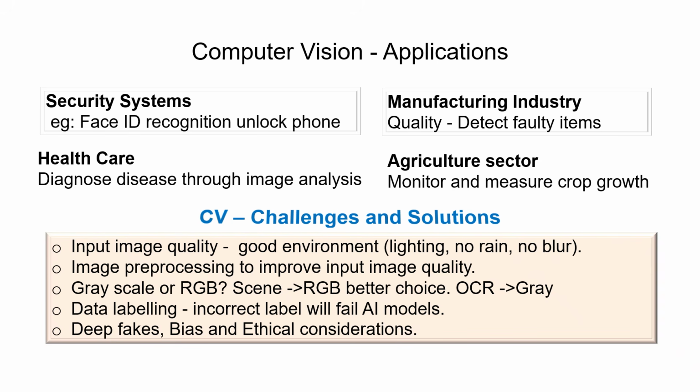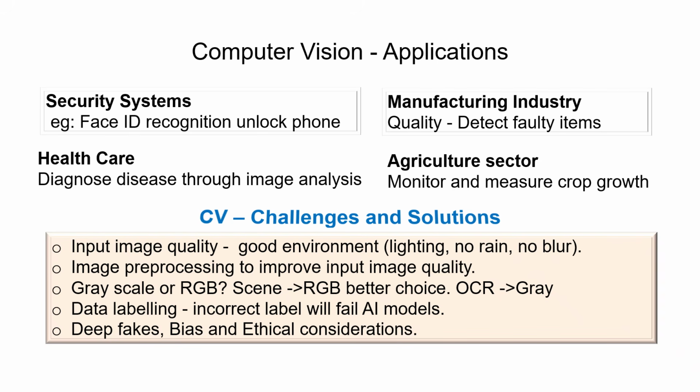CV has to understand the variations of the image, like grayscale, that is black and white images, or color images, RGB: red, green and blue. For scene understanding, frame by frame, RGB is the better choice. Grayscale images are suitable for optical character recognition, that is OCR, which reads text from images.